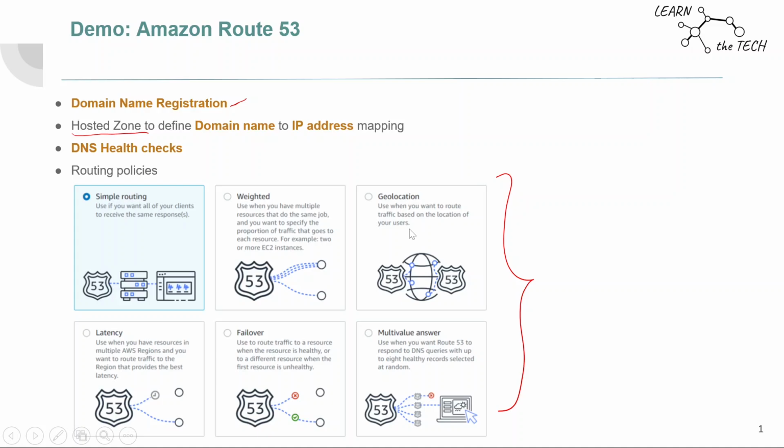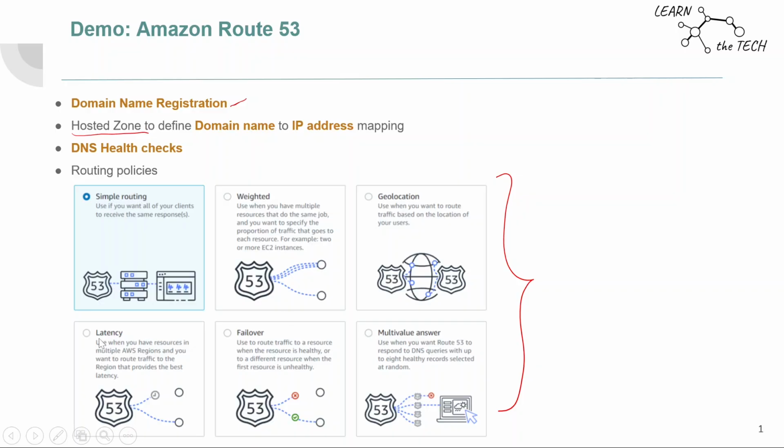Say for example, if I am accessing something from Mumbai, I should be redirected to an EC2 instance which is in the Mumbai region. Or if I'm accessing from, let's say, anywhere in the US, North America, then I should be redirected to an EC2 instance that I have launched in North Virginia, right? Or any such scenario. So in that case, you can use the geolocation routing policy.